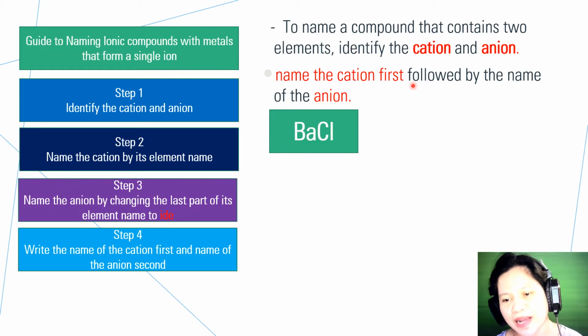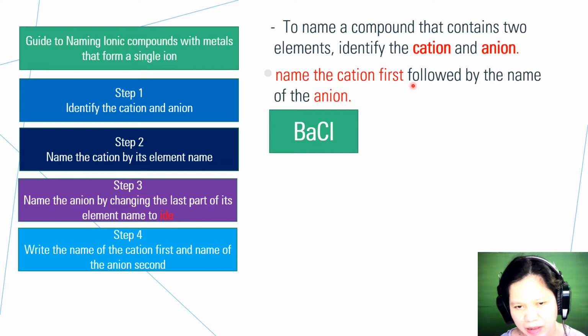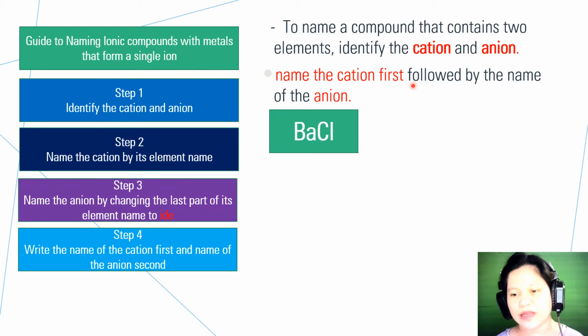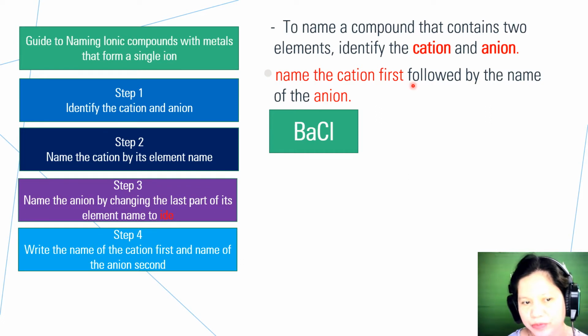So which one is a cation? Which one is positively charged? Okay, if you are going to look at your periodic table, barium is a positive 2 ion, and chlorine is negatively charged, a negative 1. So therefore, following the steps, name the cation first.